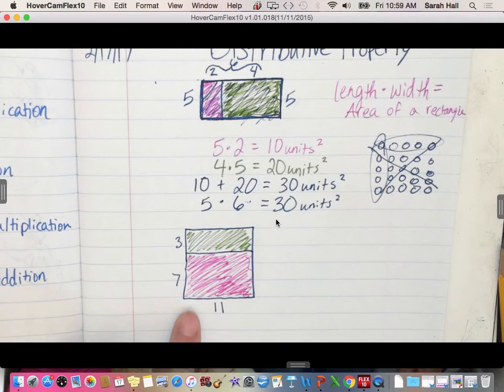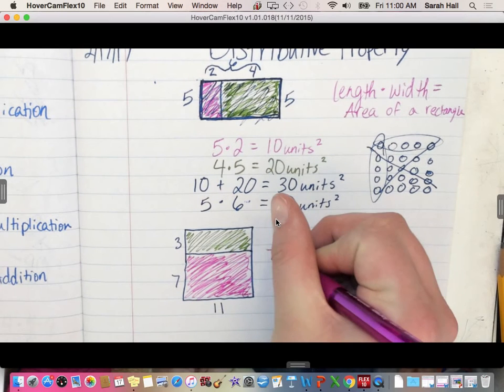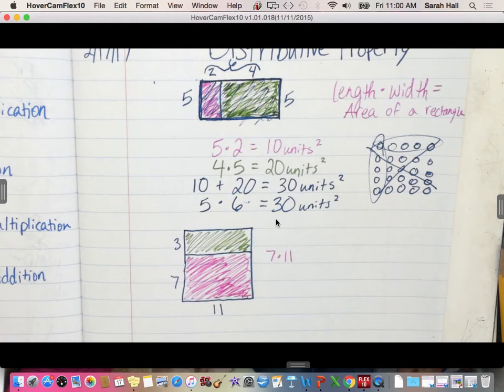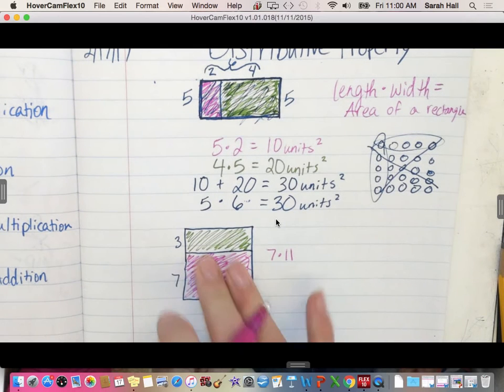How do I find the area of the pink rectangle? Gael? Seven times 11. Good, thank you for agreeing, Nancy. Jose. Okay, how do I find the area of the green rectangle?